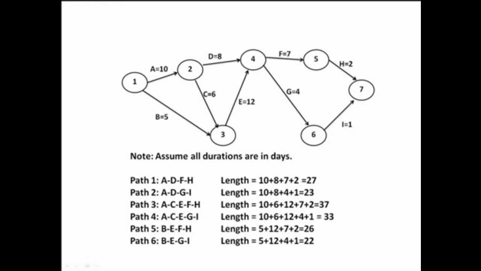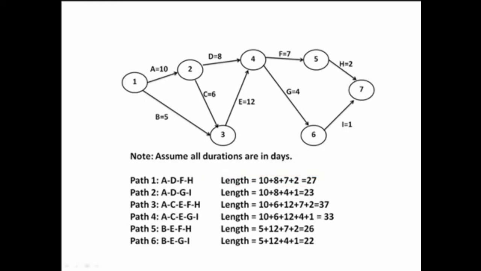Path 1 goes from node 1, the start of the project, through node 2, 4, and 5, and then to node 7, the end of the project. The actual work activities are A, D, F, and H, with the path having a length of 27 days.